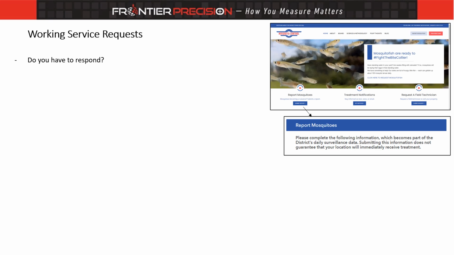But it's still valuable data that they can use because it's like hot spots. Where are we getting a bunch of requests? But they already have activities planned, they have aerial sprays planned, they have truck sprays planned, so they can basically encourage the public to keep communicating, but then they're not going to necessarily specifically call every single one of them back and tell them what they did. So they have website tools and things like that for showing what they've done recently.